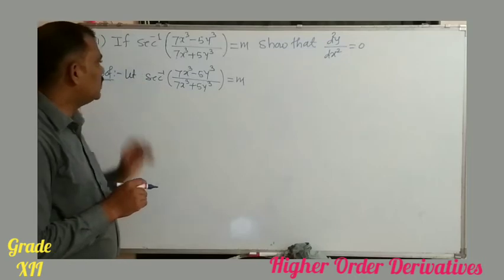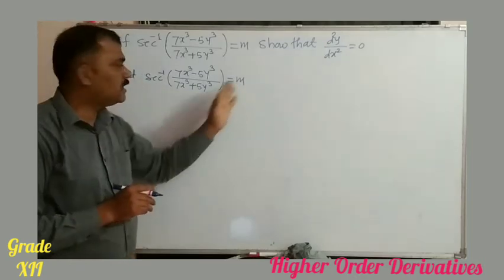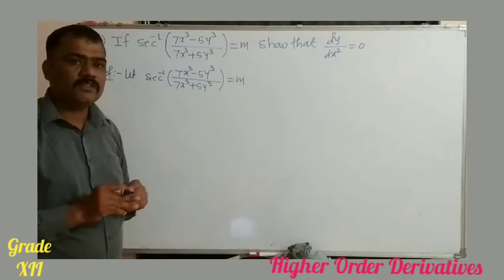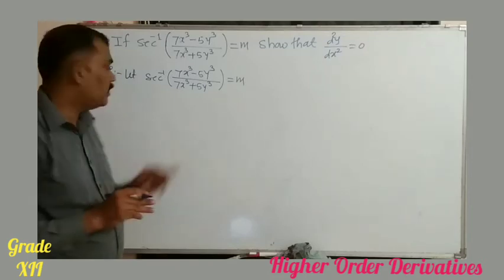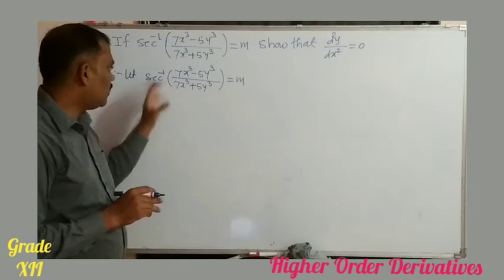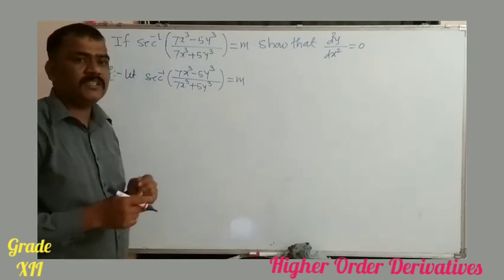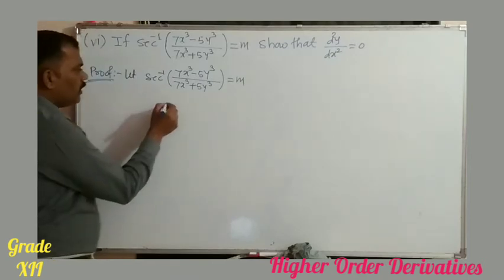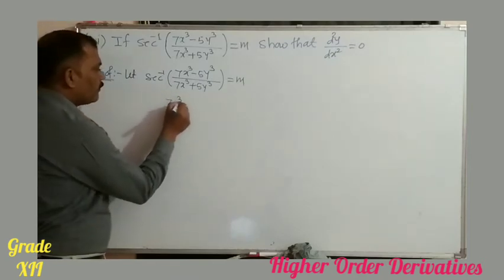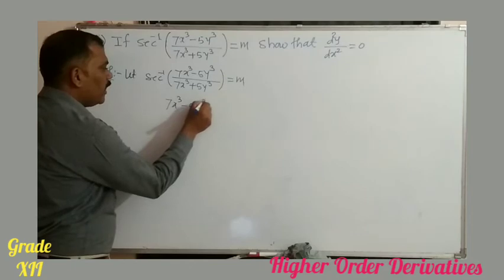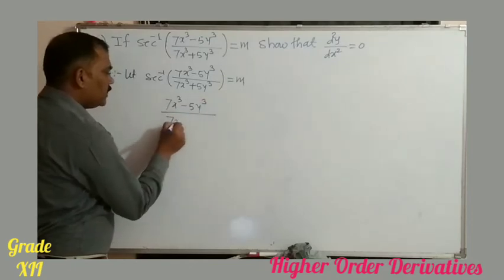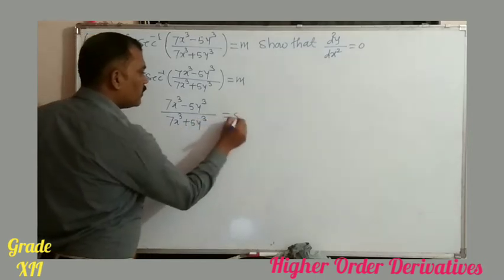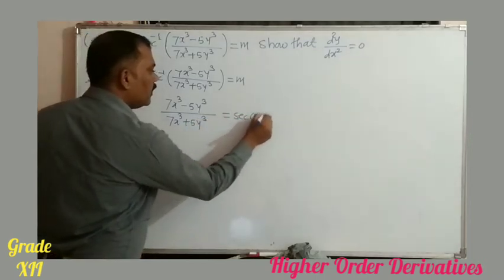Here sec inverse is there. If we transfer this sec inverse to the other side, we get sec m, and sec m is a constant, so its derivative is 0. If we keep the sec inverse on the LHS and take the direct derivative, it is very difficult, so we can write (7x cube minus 5y cube) divided by (7x cube plus 5y cube) is equal to sec of m.